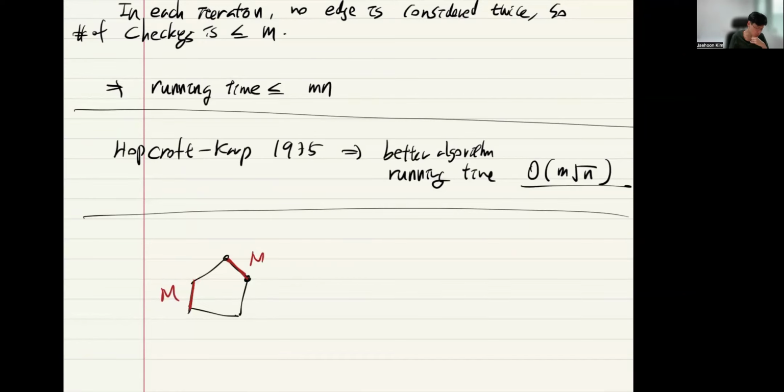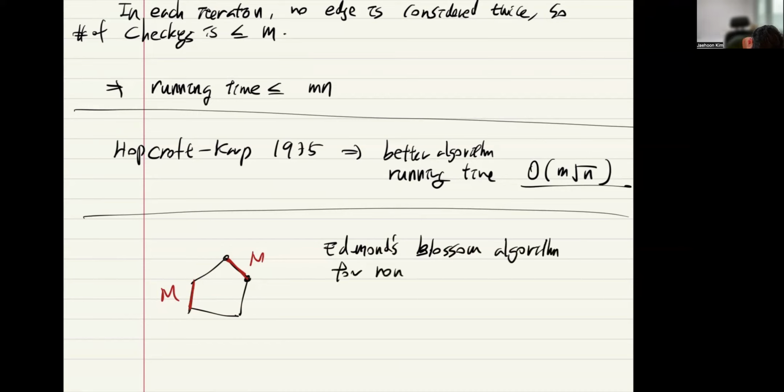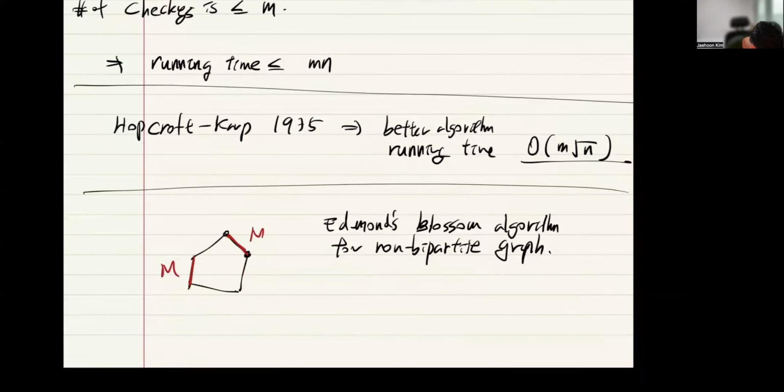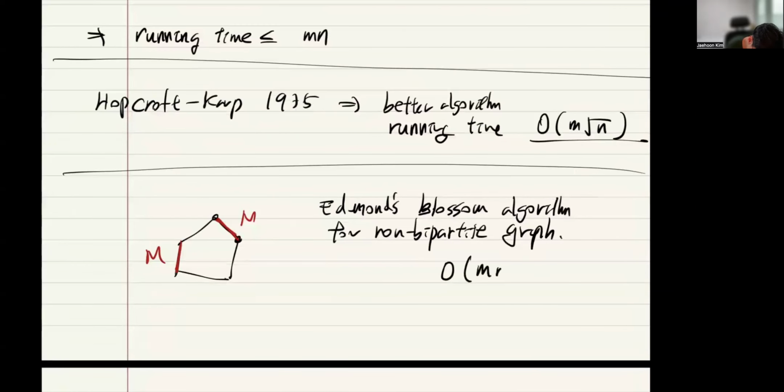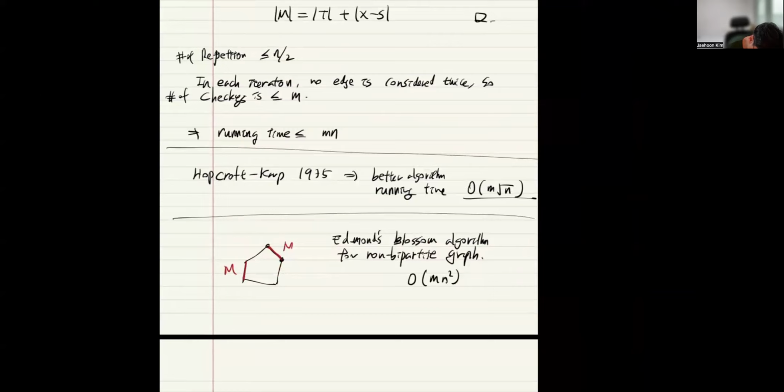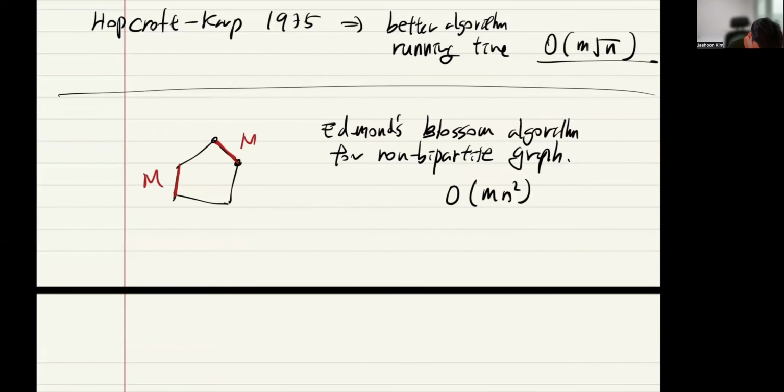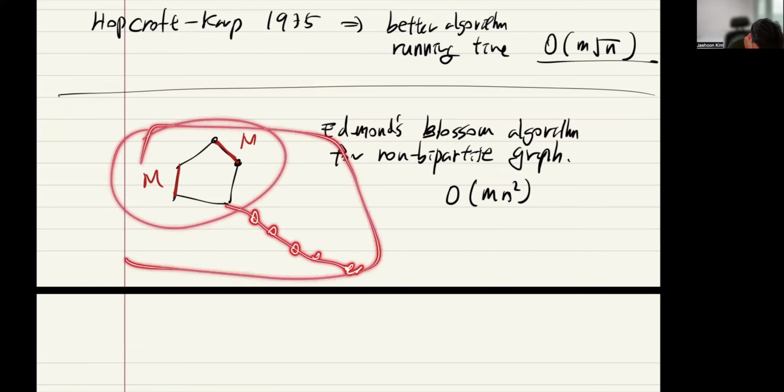So directly, we cannot really apply this algorithm, but there are algorithms known as Edmonds' blossom algorithm for non-bipartite graphs, which has running time of order n squared. Essentially, what it does is that if you have this kind of odd cycle and some paths attached, we call it a blossom.